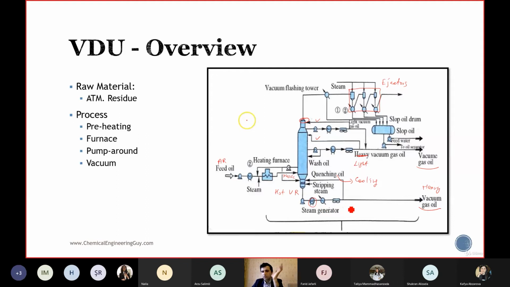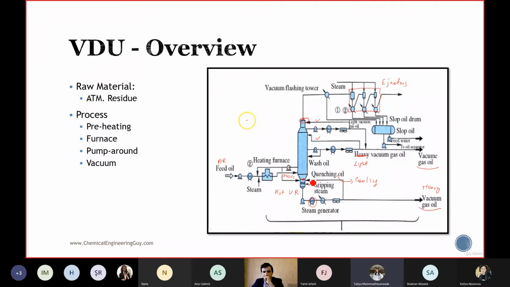So we have cold vacuum residue. And then some part of the cold vacuum residue can be sent back to the vacuum column for cooling. So as I said, it plays the role of the pump around. You use this one to control the temperature at this point.